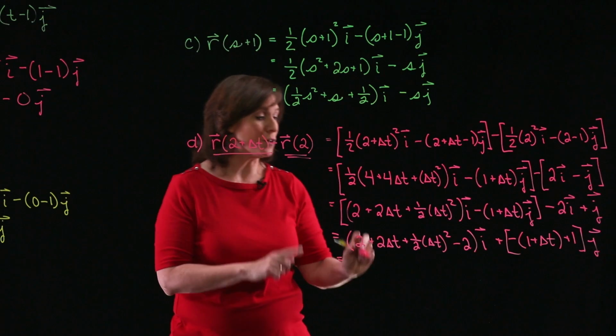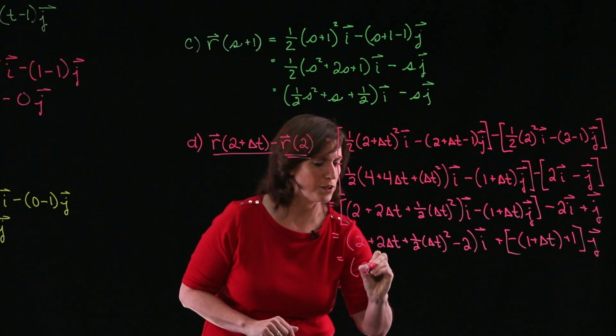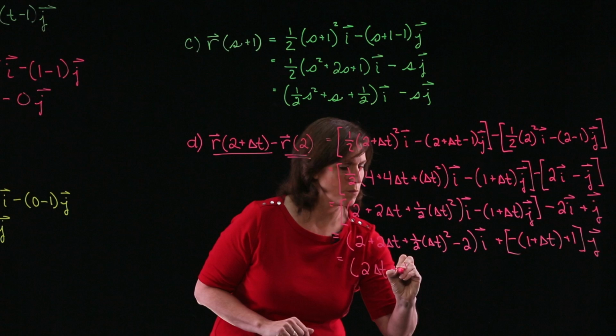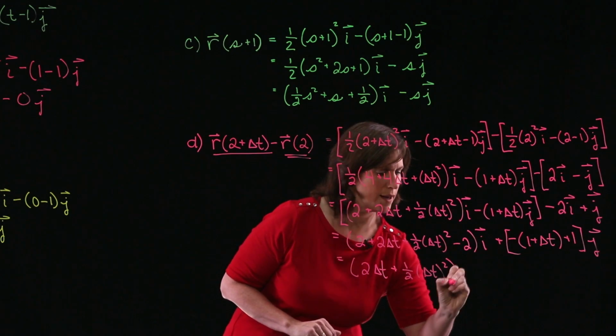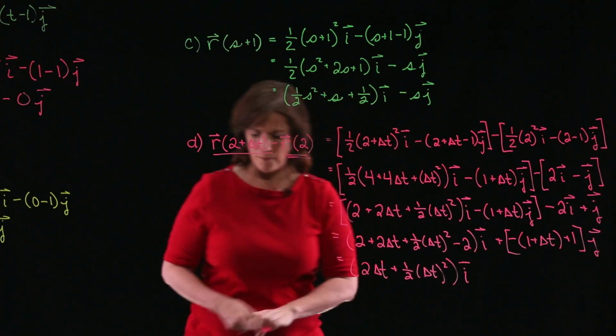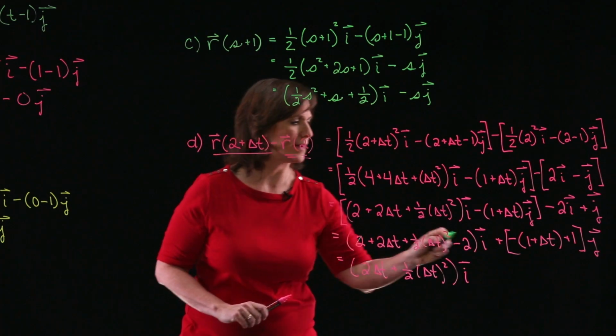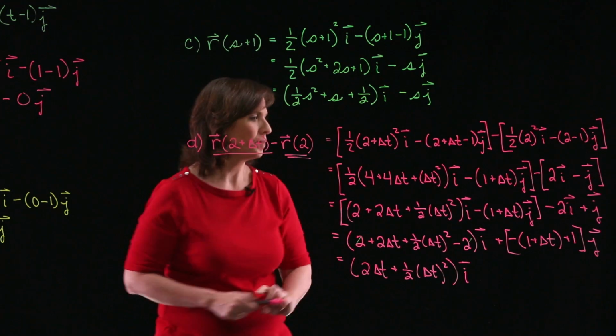Okay. This then reduces to 2 delta t plus 1/2 delta t squared times my vector i, because the 2's add together to be 0.